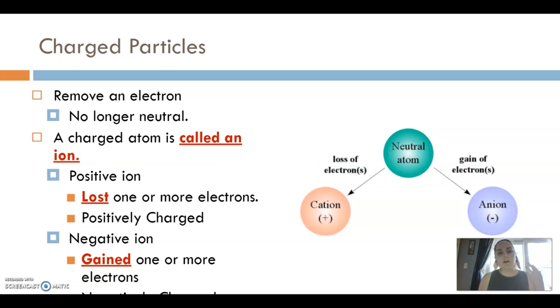But when your atom does have a charge, we call that an ion. It can either be a positive ion if it's lost one or more electrons, or a negative ion if it's gained one or more electrons. If it loses negative charge, it's going to be more positive. If it's gained more negative charge, it's going to be more negative.